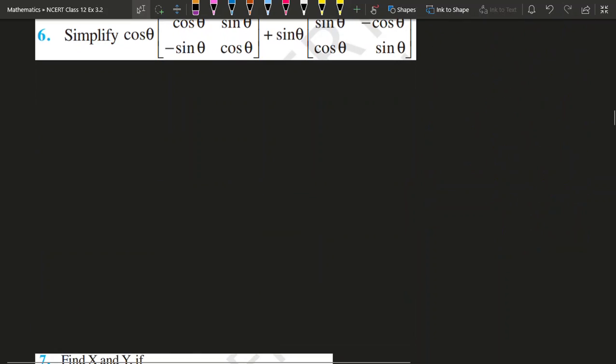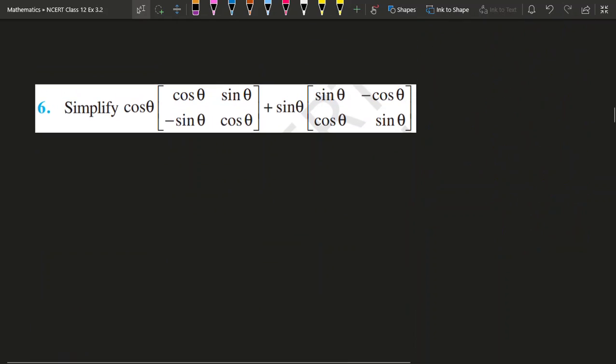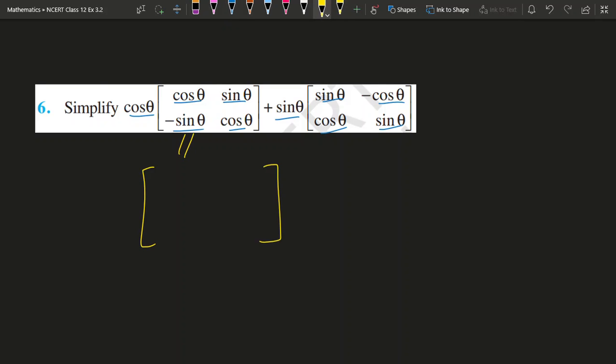Let's move on forward. So you have to simplify this expression that they have put on for you. So it's a scalar multiplication at first. So cos theta multiplying with all the elements inside here, then sine theta multiplying with all the elements inside here. So let's do the first part. So cos times cos will be cos squared theta.